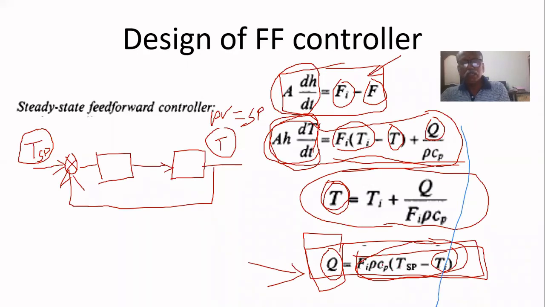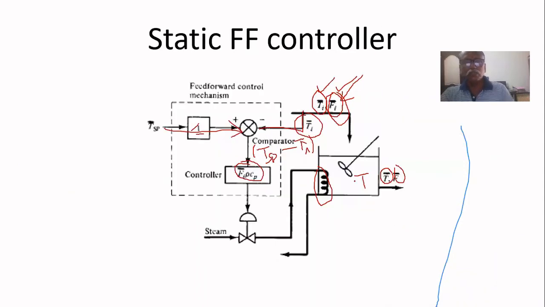That is the amount of heat required to maintain T equal to T set point for this disturbance. That is very important. So the steam flow rate valve is regulated so that the heat supplied will maintain T equal to T set point. That is the idea. This is called a static feed forward controller.